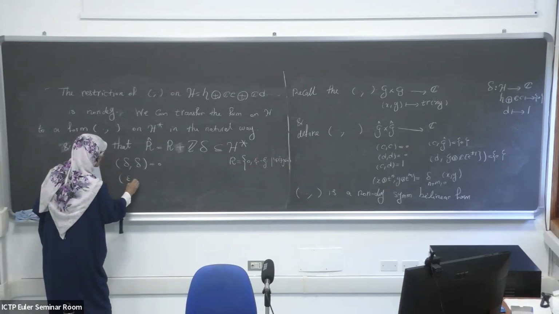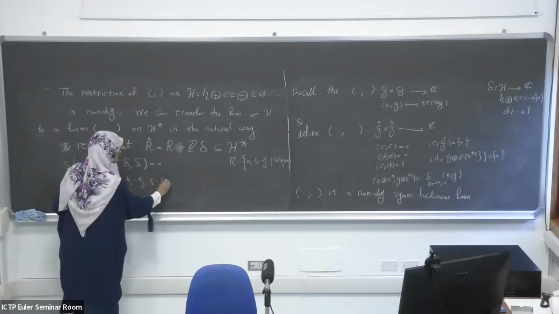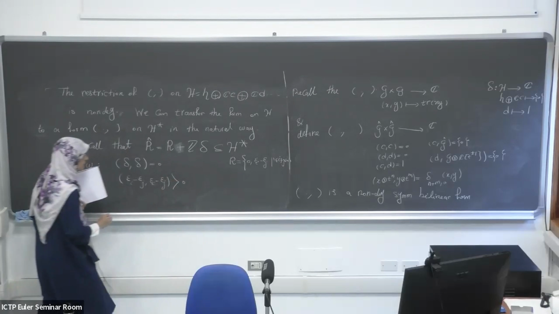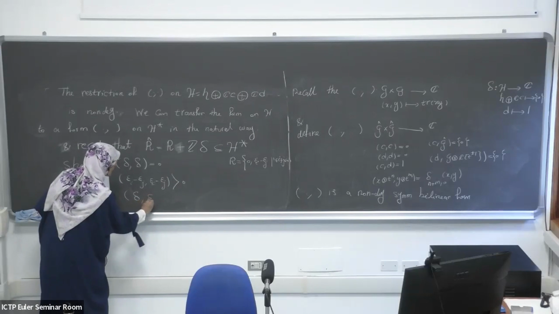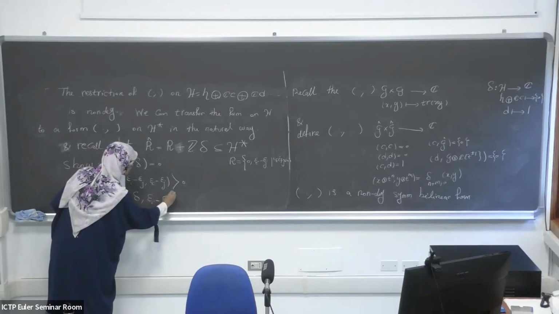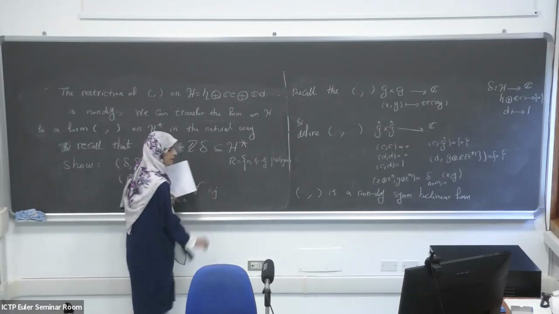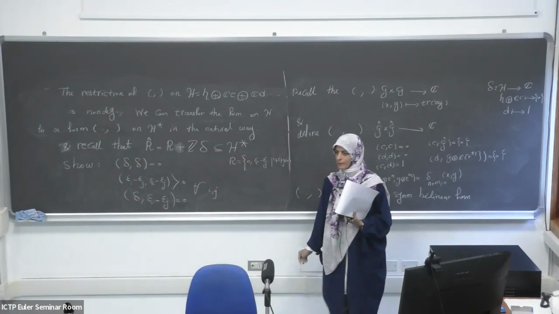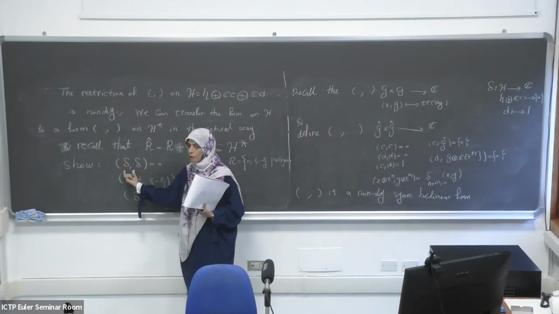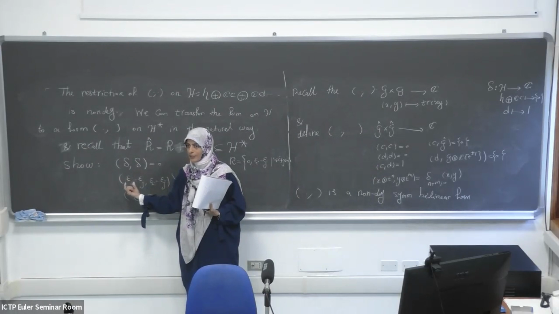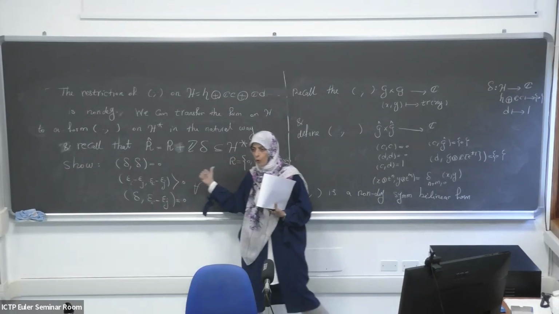You can show that epsilon I minus epsilon J with epsilon I minus epsilon J is positive. And you can prove that delta with epsilon I minus epsilon J is 0 for all I and J. Right? Look at this. We have some self-orthogonal element here, but this element is orthogonal to all other elements.